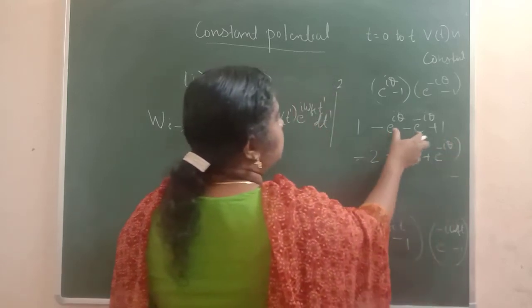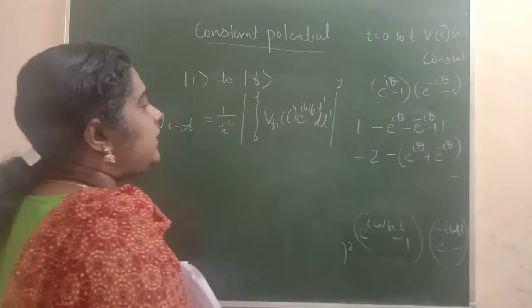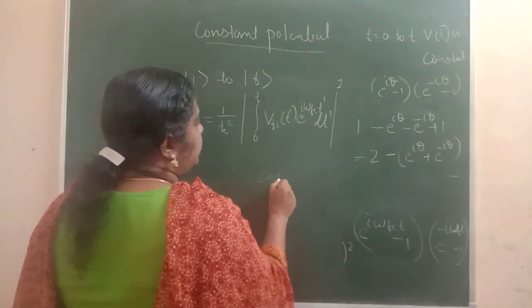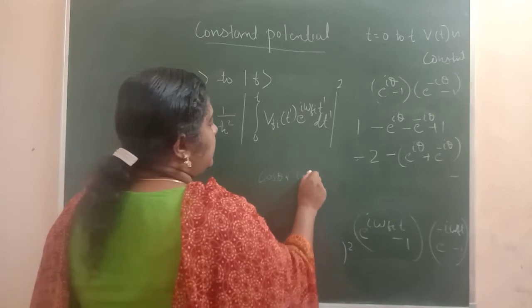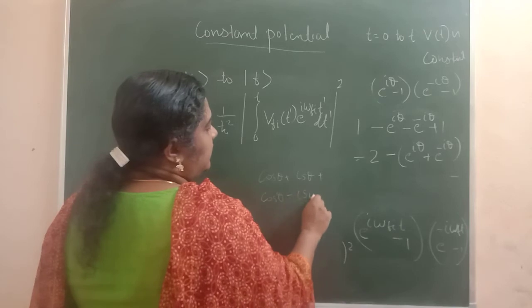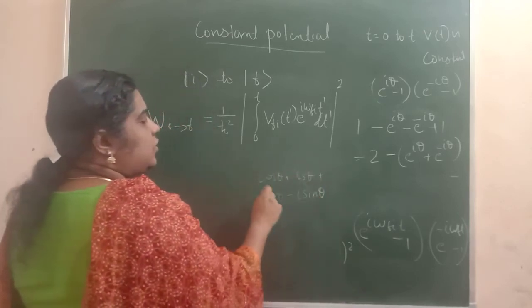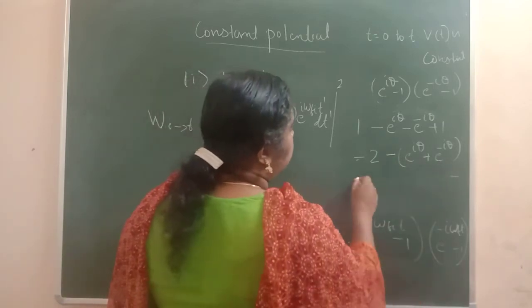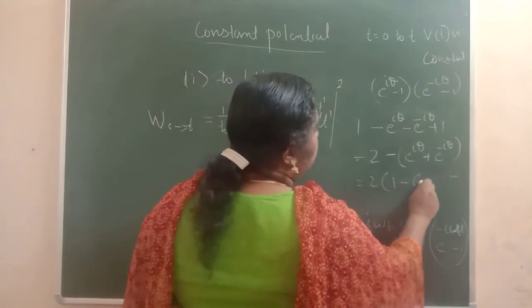This is correct, right? Minus is common for this. Now e raised to i theta plus e raised to minus i theta is equal to cos theta plus i sin theta plus cos theta minus i sin theta. Now cancel, 2 cos theta will be there. So 2 minus 2 cos theta, that is 2 into 1 minus cos theta.